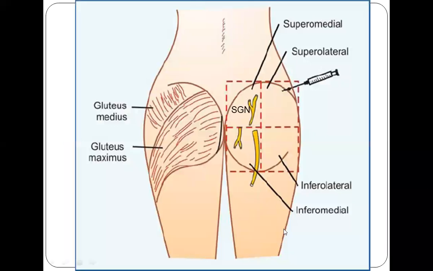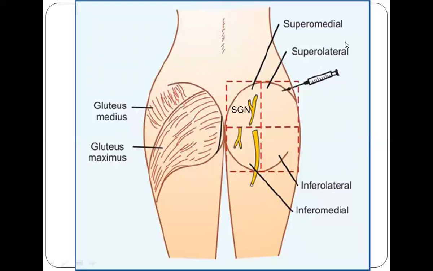Okay, before that, we had learned about intragluteal injection. Just tell me, superior gluteal nerve is present in which quadrant of the gluteal region? You can look at this diagram and just type in the chat. Superior gluteal nerve is present in which quadrant of the gluteal region?